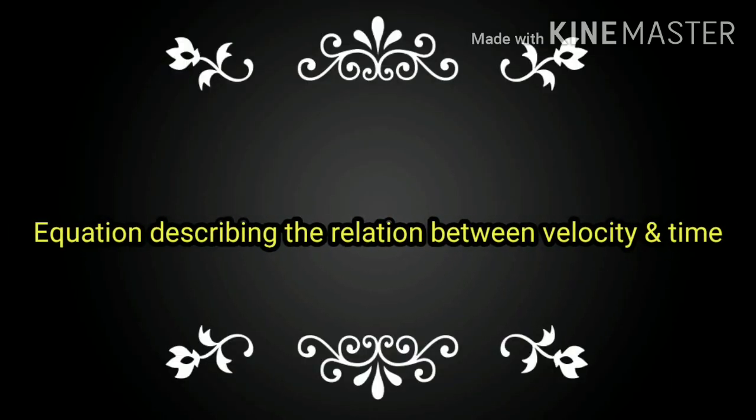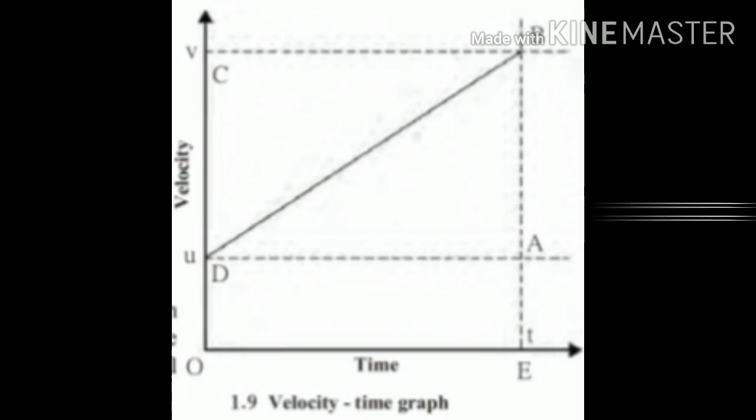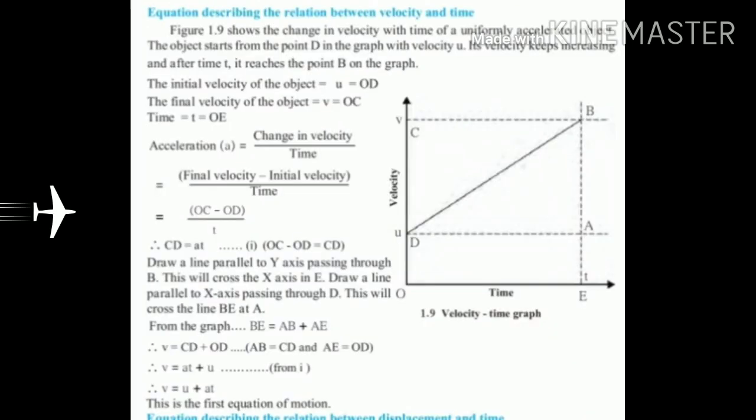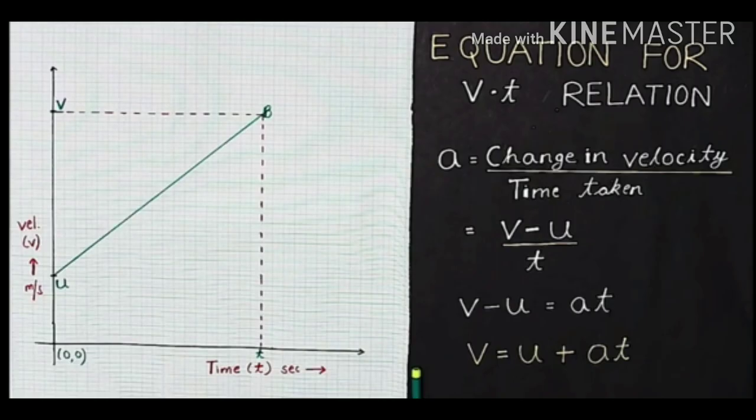Next concept is the equation describing the relation between velocity and time. If you observe figure 1.9 on page number 8, it shows the change in velocity with time of a uniformly accelerated object. The object starts from the point D in the graph, with initial velocity u.